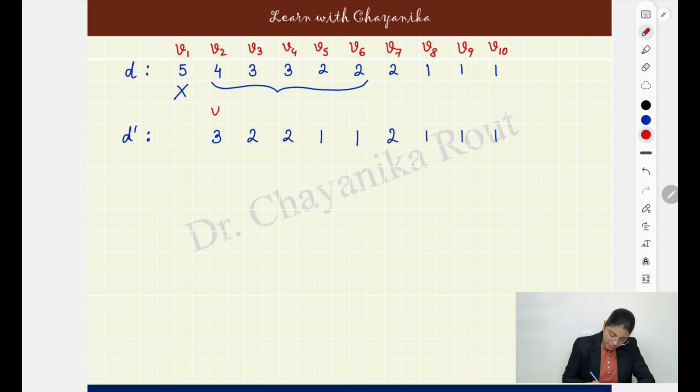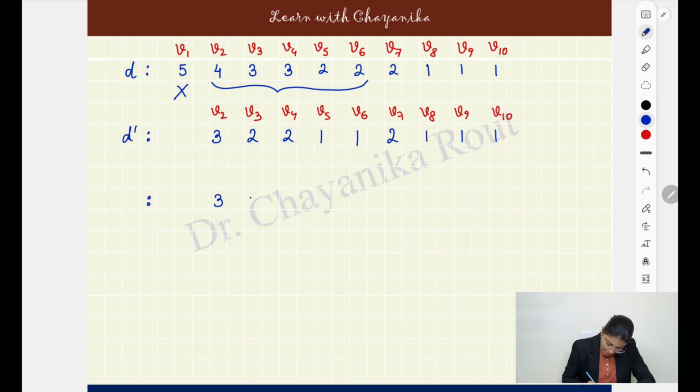After creating the sequence, label the vertices. So you have V2, V3, V4, V5, V6, V7, V8, V9 and V10. See if it is arranged properly. No, it is not arranged in the non-increasing fashion. So my next job would be to rewrite D dash in the rearranged manner.